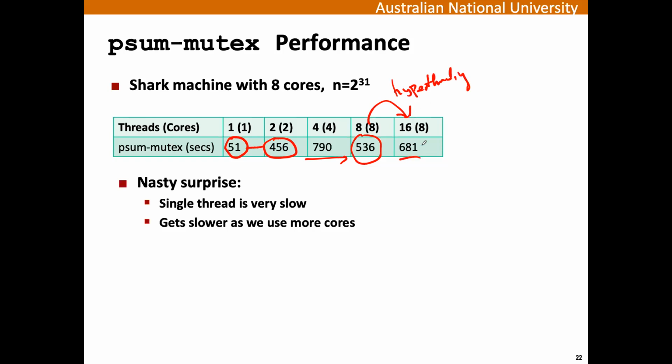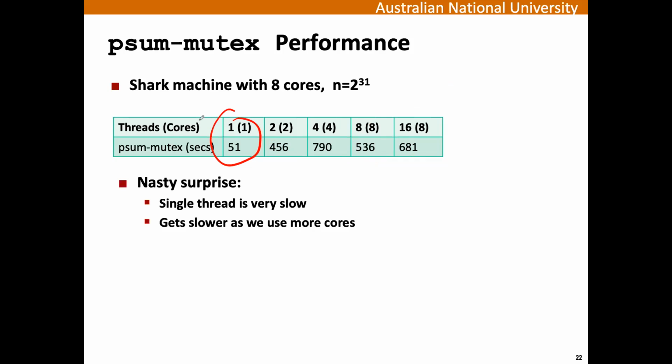It doesn't really help. So why is that? Why should a parallel program be faster than a sequential program? This is a sequential program, one thread, and I'm throwing more resources at it and I'm getting slower. So parallel programming is not easy.